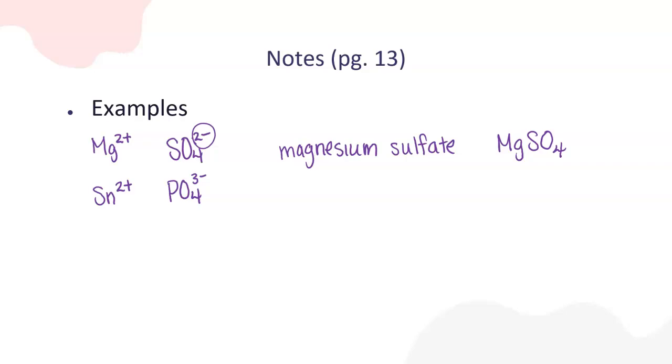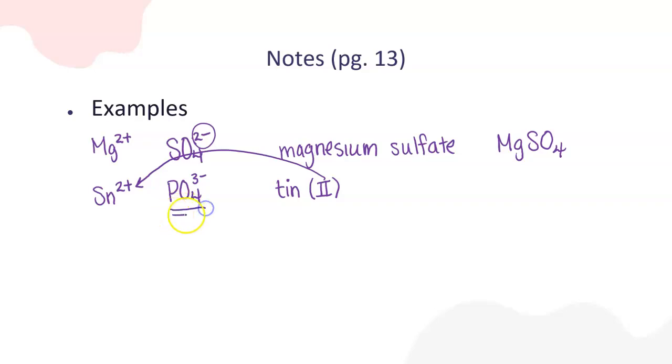We do the same as we've done in the past. We name them the same way. So tin, is that one of the ones that forms only one charge or multiple charges? Multiple, so we know we need a Roman numeral. Do you know what Roman numeral we need? 2. And that is from the 2+ charge on tin.